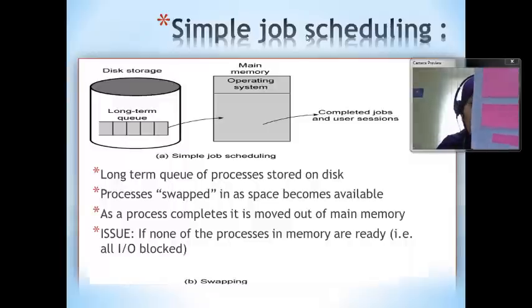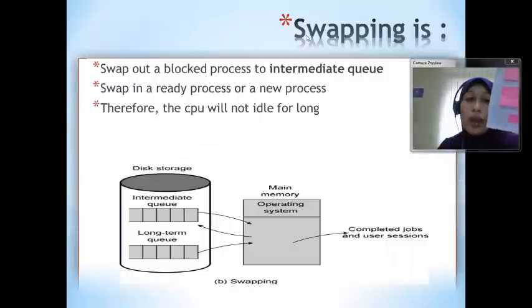So one of the solutions is to use the technique swapping. Okay, so what happens in swapping? We can swap out the blocked process. So where? We can swap out this blocked process into a location in a disk storage.